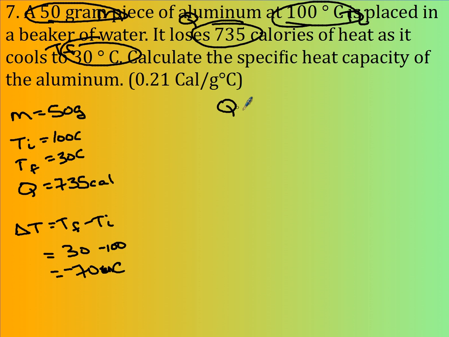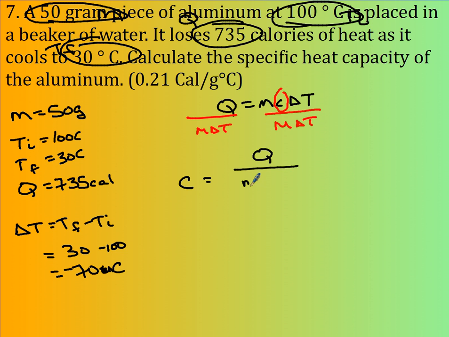So let's see, Q is MC delta T. And this time I'm solving for C. So I need to divide both sides through by M delta T. So for this one, the specific heat is going to equal the heat loss divided by M delta T. Now, it says I lost 735, and I always forget that negative sign.